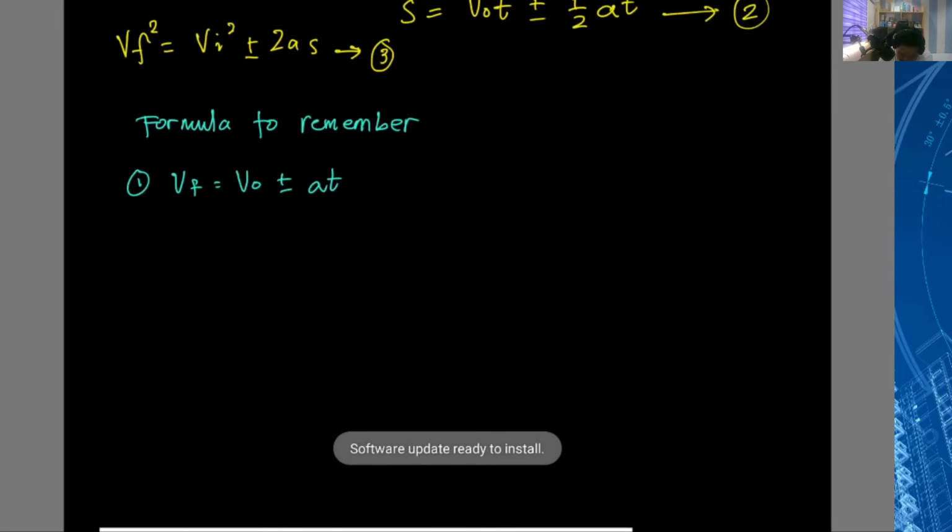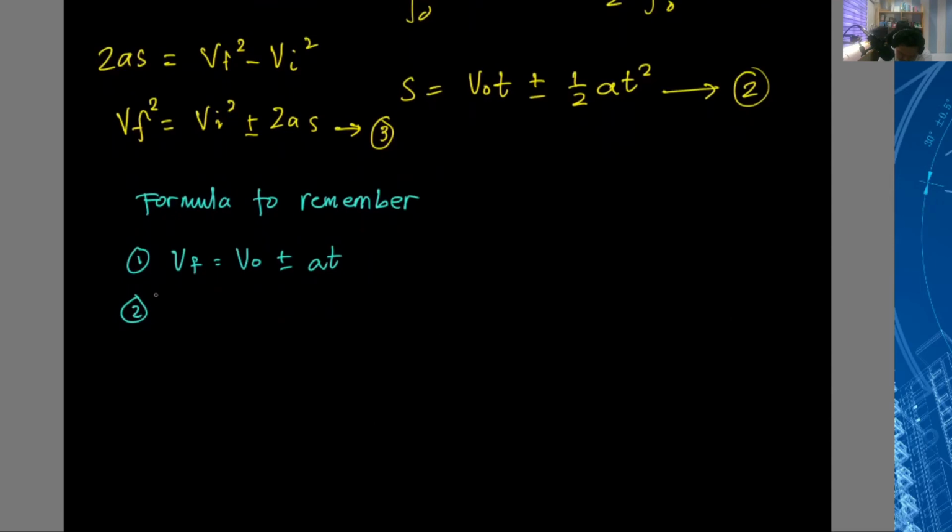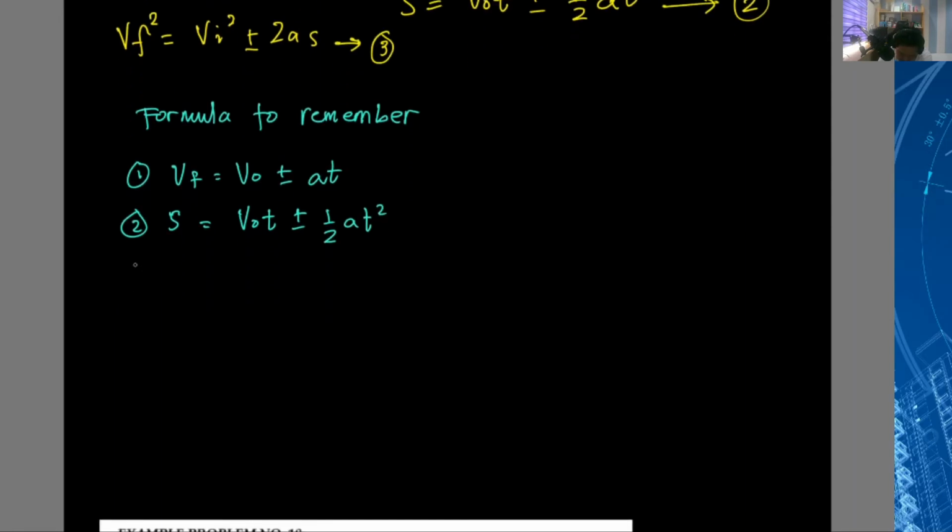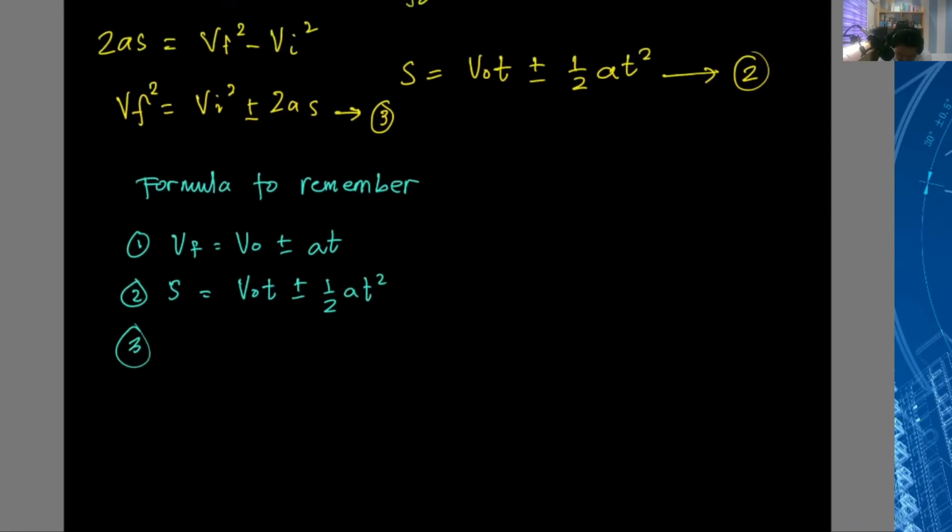Number 2, the distance s is equal to velocity initial times time plus or minus 1/2 at squared. Number 3 is velocity final squared equals velocity initial squared plus or minus 2as. So these are the 3 formulas to remember.